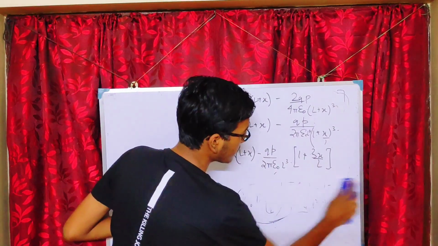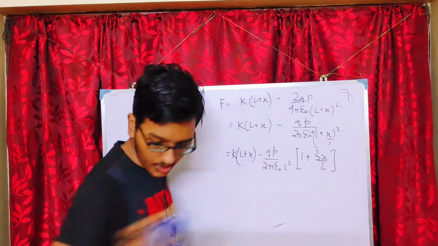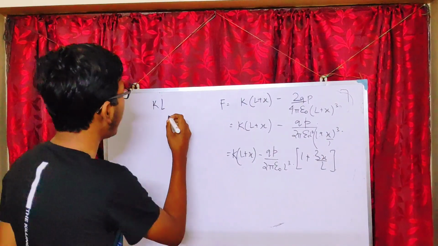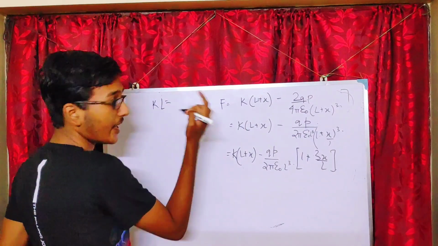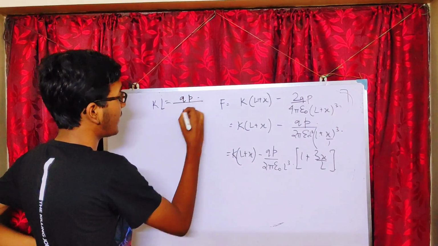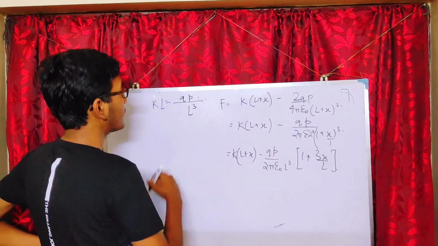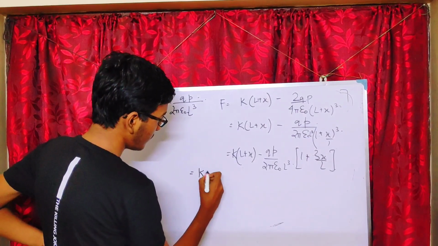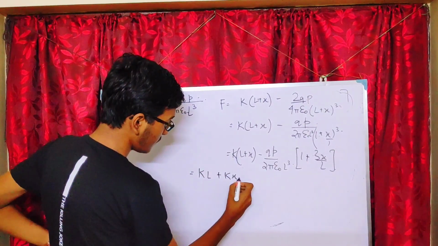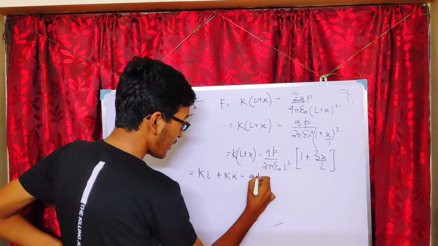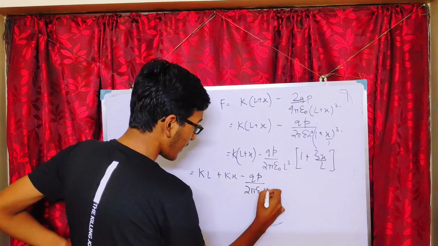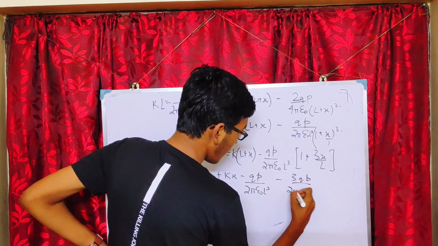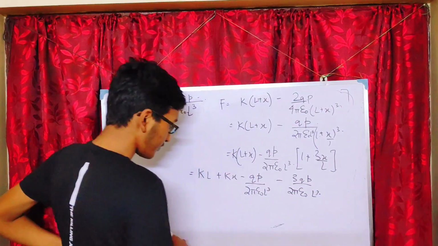Okay, so this is the problem, I guess, because now you have to utilize the equilibrium condition that I told you, that kL would be equal to 2kp by r cube into L. So qp by 2 pi epsilon naught L cube minus 3 qp by 2 pi epsilon naught L cube.